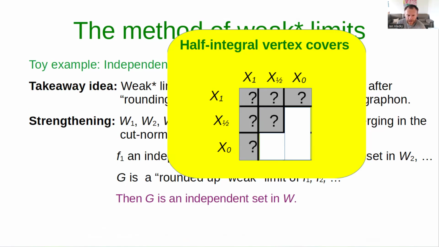The condition for an independent set is that W must be zero on the square of that independent set. A half-integral vertex cover, on the other hand, partitions the space into X0, X1/2, and X1, and similarly forces W to be zero on specific cross sections, namely X0 cross X0 and X0 cross X1/2.